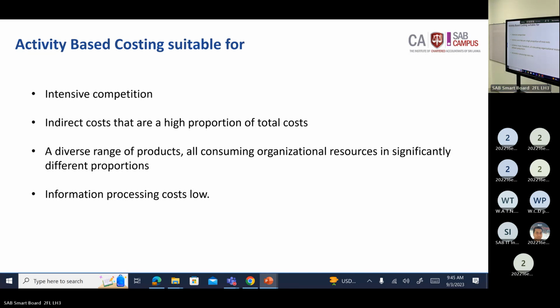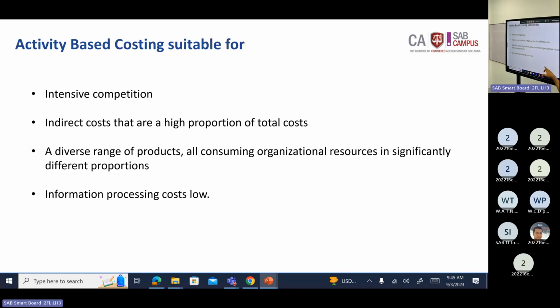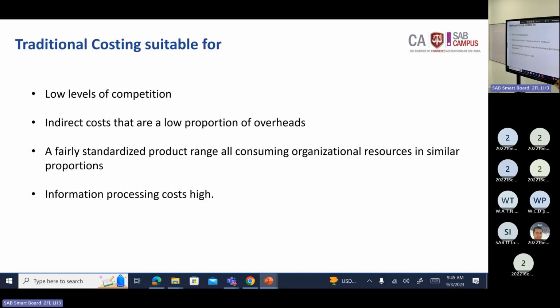Opposite, a diverse range of products, all consuming organizational resources in significantly different proportions. That means you have a large diversified product range and some customized products are made. You need a very accurate costing system.